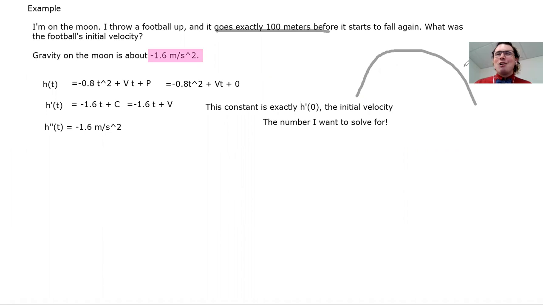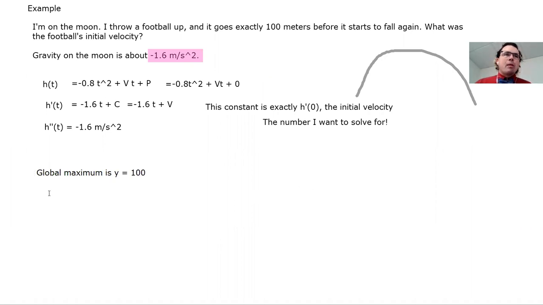It goes up exactly 100 meters, then starts to fall again. So let me work this out a little bit. My global maximum, and I know that this is the global maximum because I'm working with a downwards facing parabola, is y equals 100.